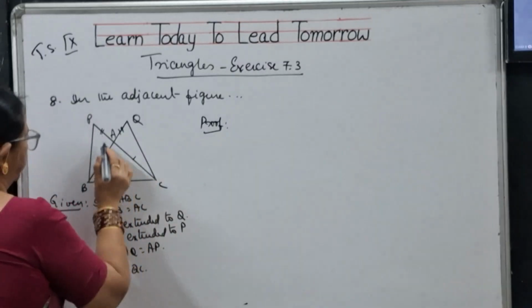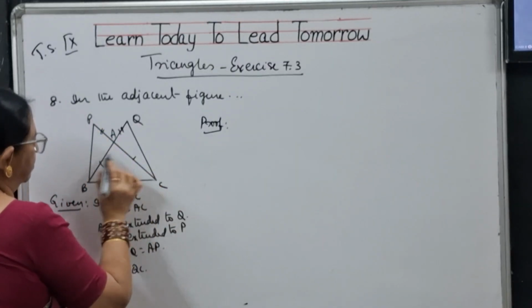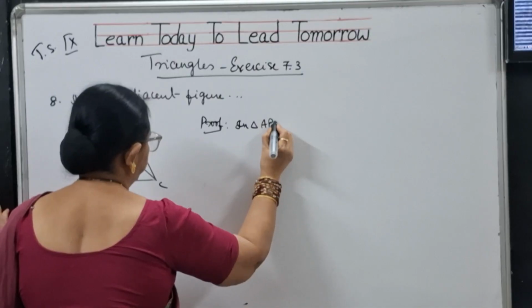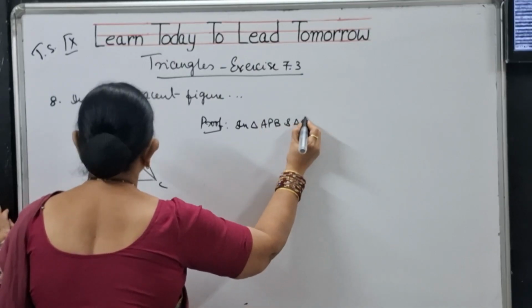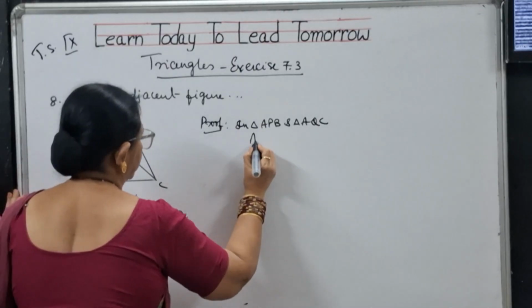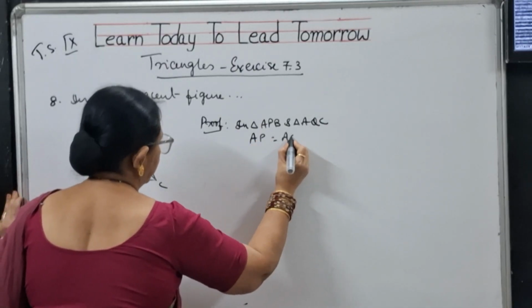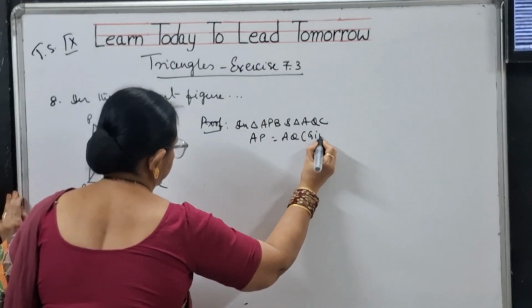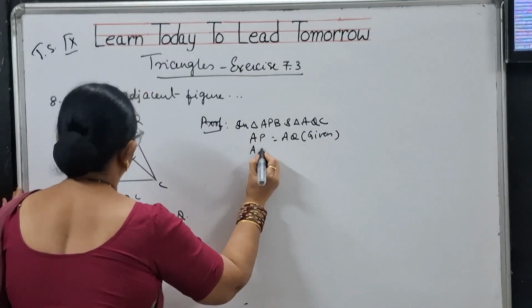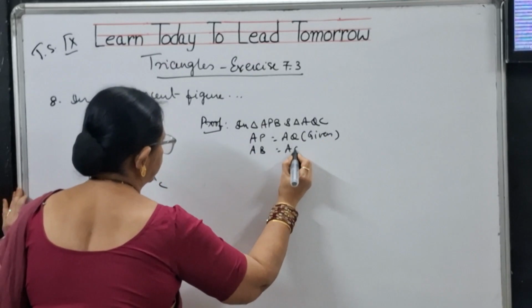Since they asked PB is equal to QC, let us take these two triangles. In triangle APB and triangle AQC, in these two triangles, AP is equal to AQ. This is given to us, and AB is equal to AC.